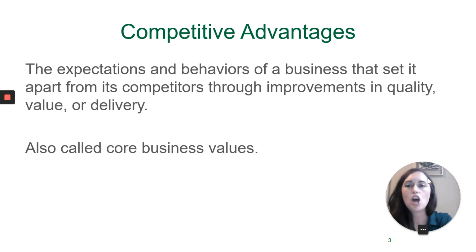All right, so what do I mean by competitive advantages? Well, those are the expectations and behaviors of a business that set it apart from its competitors through improvements in quality, value, and delivery. Once an entrepreneur decides on a product, they have to develop these competitive advantages so that they stay relevant and they're prosperous.